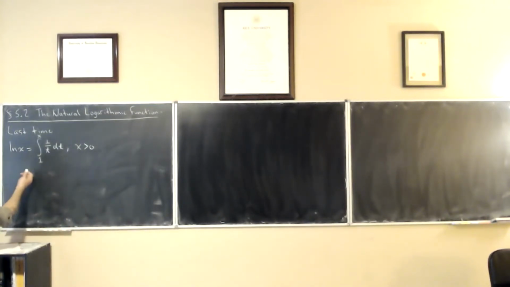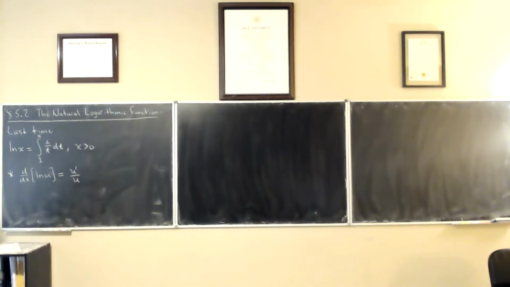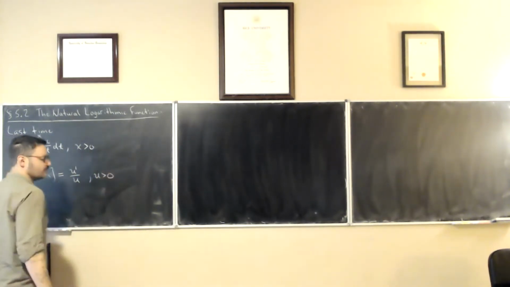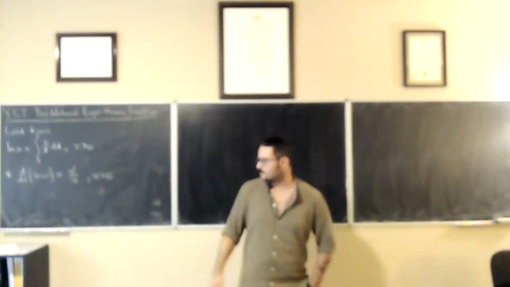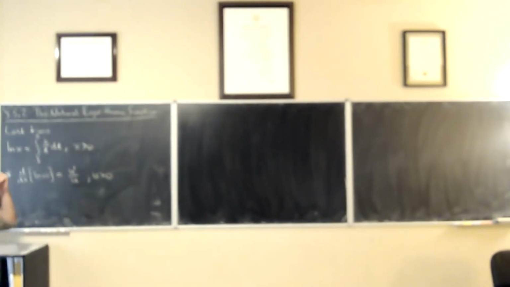There was a star bullet point: the derivative with respect to x of the natural log of u is equal to u prime over u, provided that the function u is greater than 0 for all x in the domain of u. Here u is a differentiable function of x, and we derived this property.